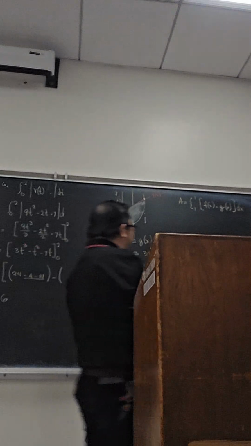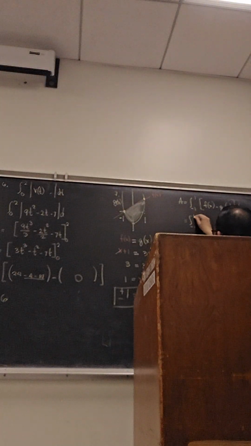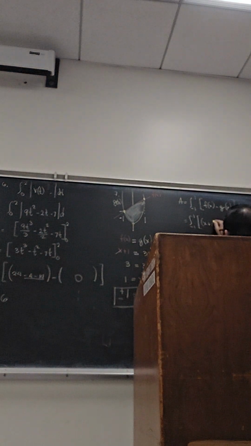So the f of x is x plus 1, right? And the g of x is 3x squared plus x minus 2.